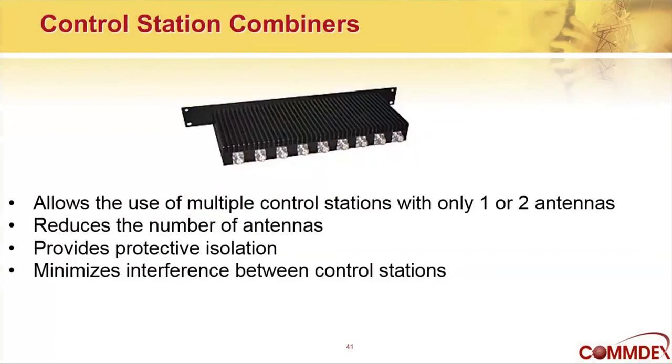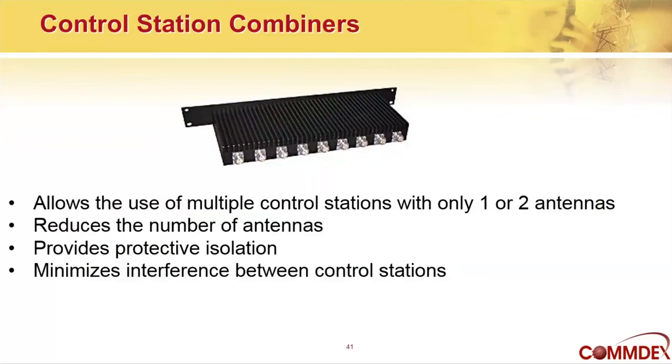Now we have another type of transmitter combiner that's called a control station combiner. And a control station is a low-powered base station that's typically used to access a repeater for interoperability purposes, not as part of your primary system.